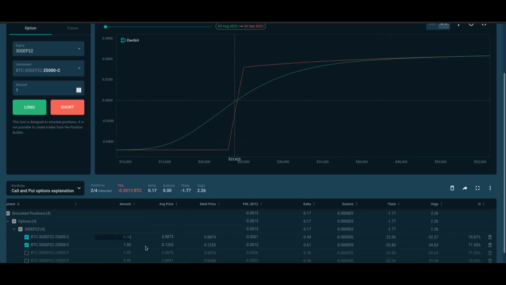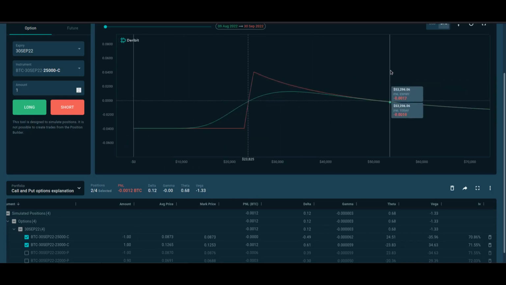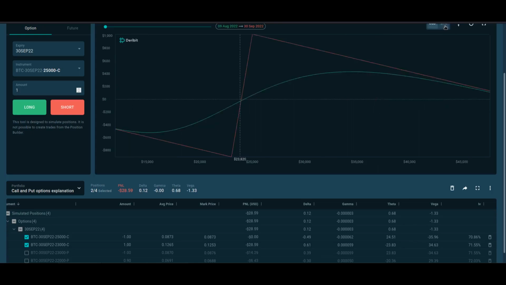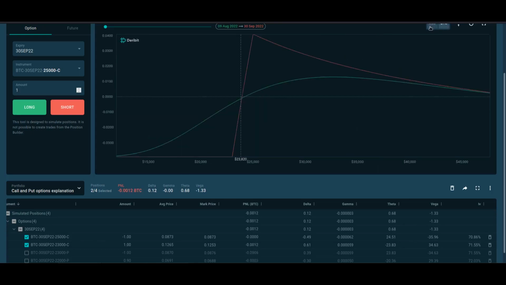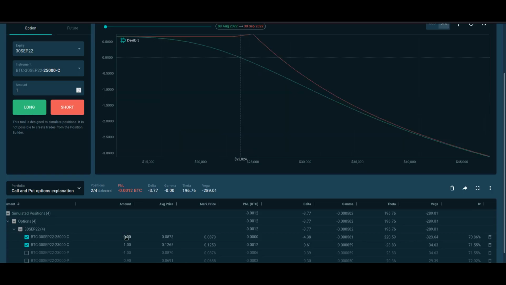Actually it should be sold in the same amount, but in this case we get something like this, which is not actually correct, but okay. Currently I'm searching for an adequate crypto options exchange, and Deribit is the best one I found, but not the best of the best.